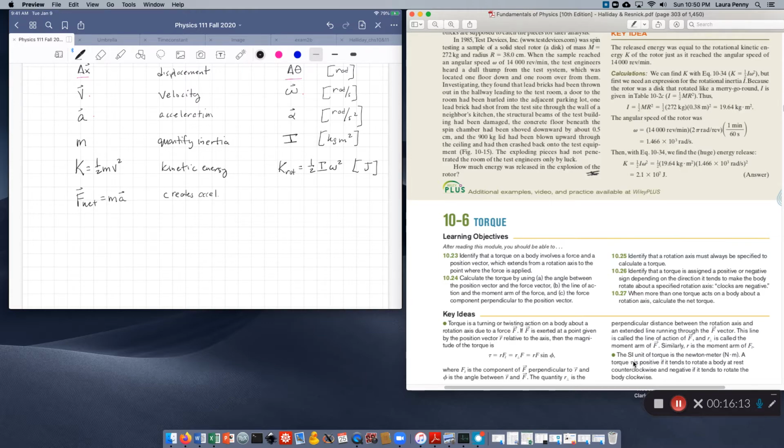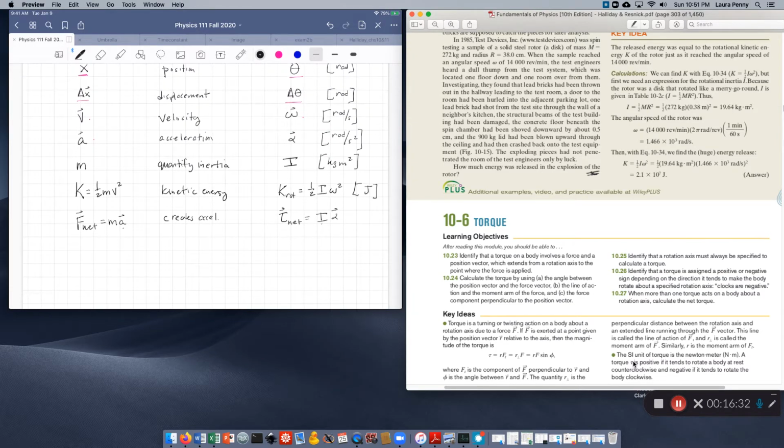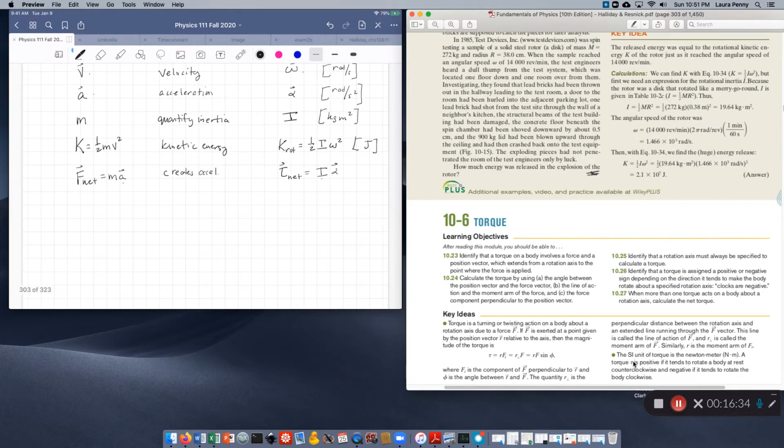Now the thing that creates angular acceleration is net torque. And again, instead of the m, it has the I, the moment of inertia. Instead of the a, it has alpha. Instead of acceleration, it has angular acceleration. Units for torque are a Newton meter.